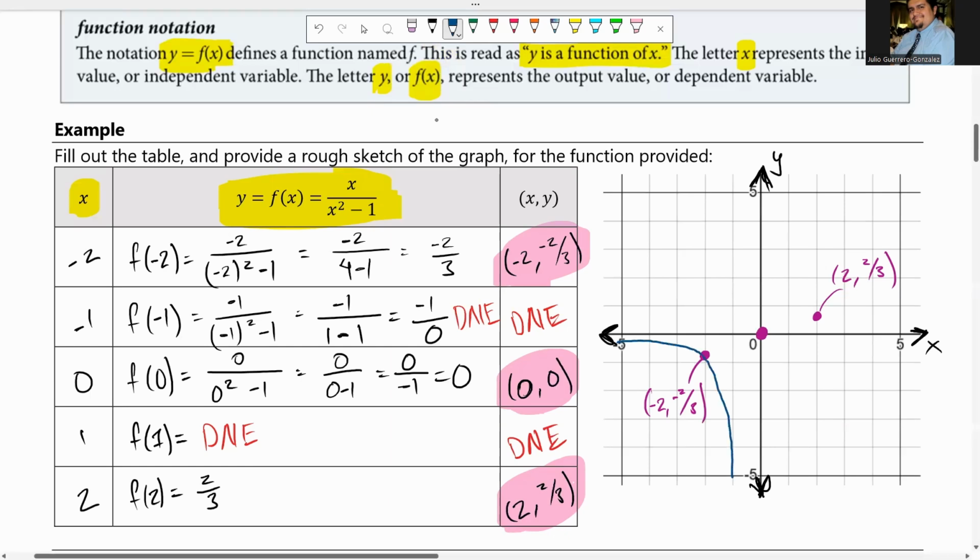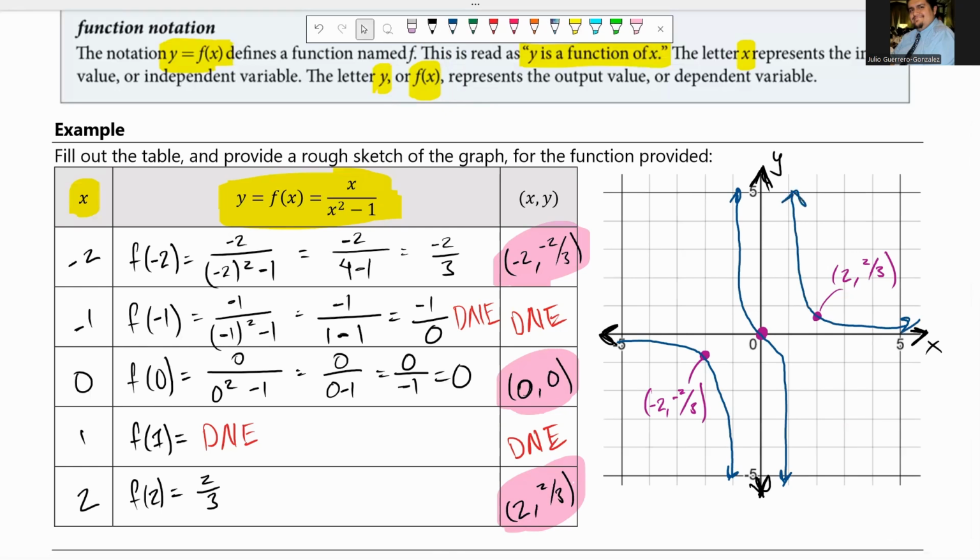I'm going to go whoosh down that way, and then this goes like this, whoosh, and then it goes like this, whoosh. Oh, sorry, I messed up there. It goes like this, whoosh. There we go. So those blue lines that I actually graphed are the graphical representation, the graph of my function f of x.